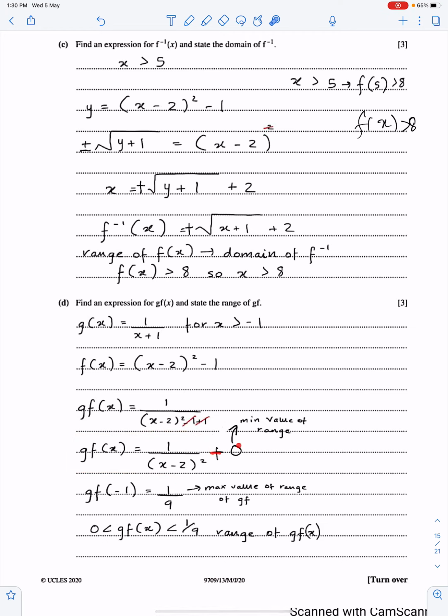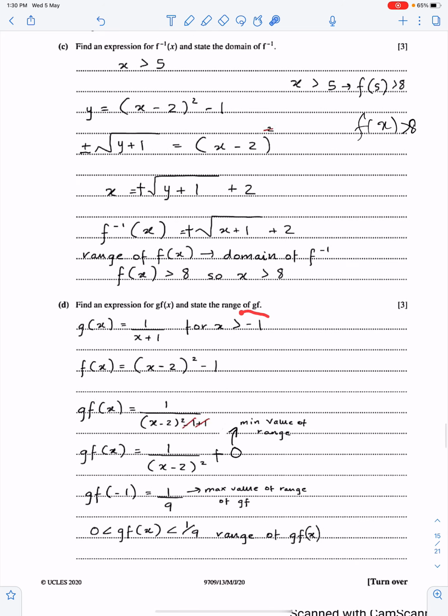I just wrote plus 0 here in order to write the range of this function. We discussed these things in detail in the reciprocal functions lectures. The smallest value of this function is 0. And we have to put minus 1, this value, here.